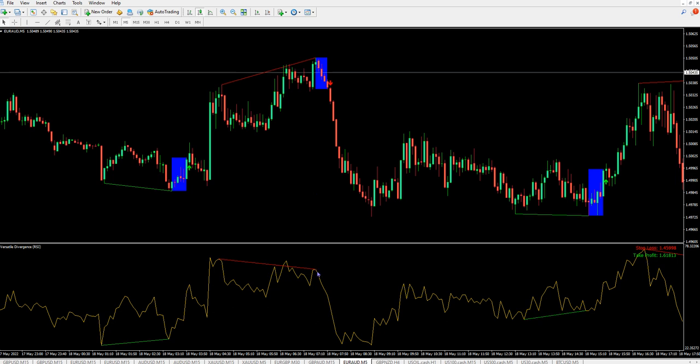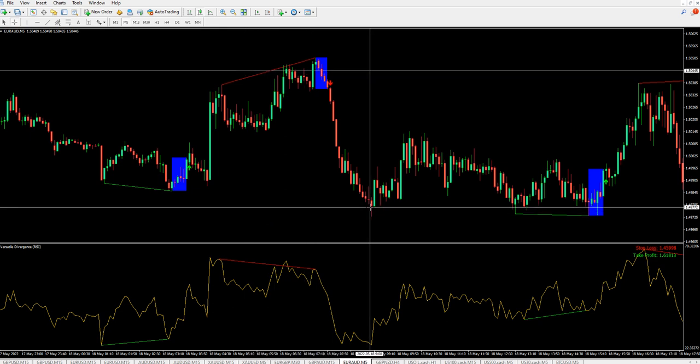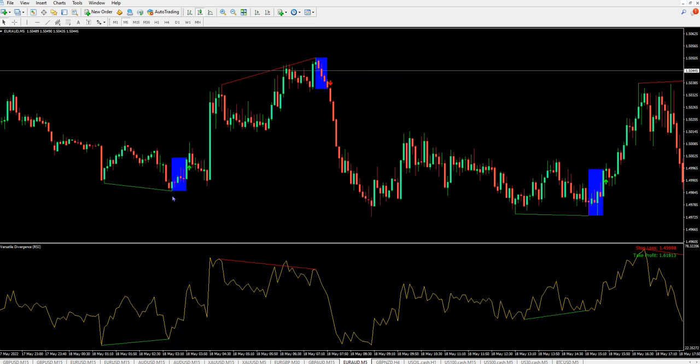We can see quite a large drop, and then we can see correlation starts to take place again. So we notice this low is matched with this low, and now price has taken out this low, where the indicator has also now taken out this low.